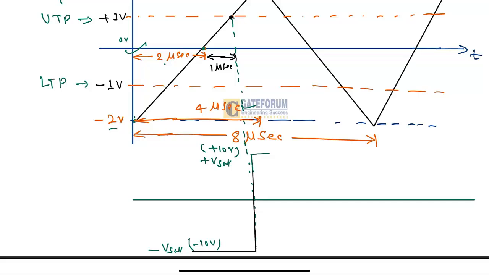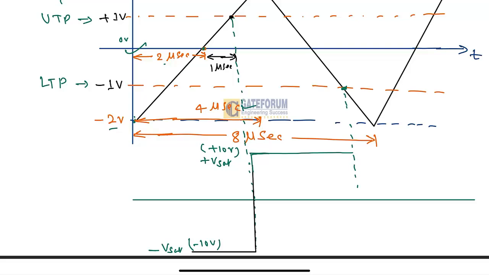Again, it will maintain this plus 10 volt, or plus Vsat, till what time? Till the lower trigger point. Up to this point it maintains plus 10 volt.